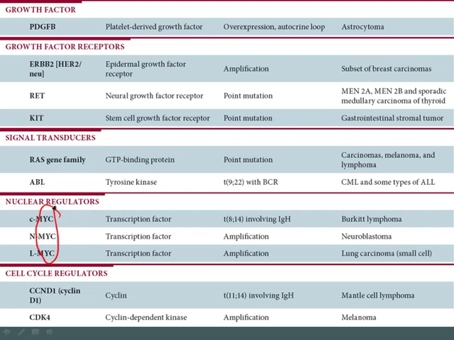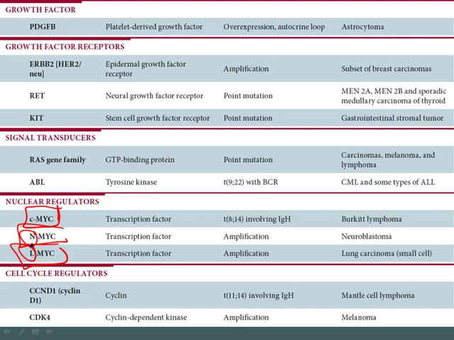And what I would remind yourself of here is that the three key MYCs to be familiar with are CMYC, which is associated with Burkitt's lymphoma, NMYC, and the N helps you to remember neuroblastoma, and LMYC is associated with small cell lung carcinoma. So the L will help you to remember lung.